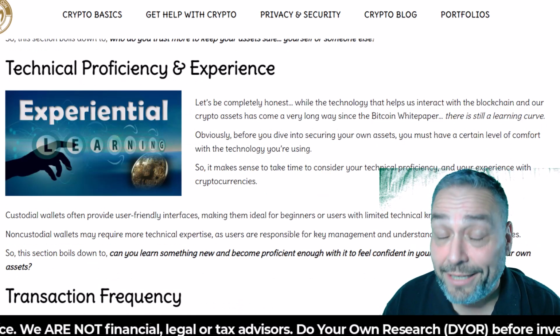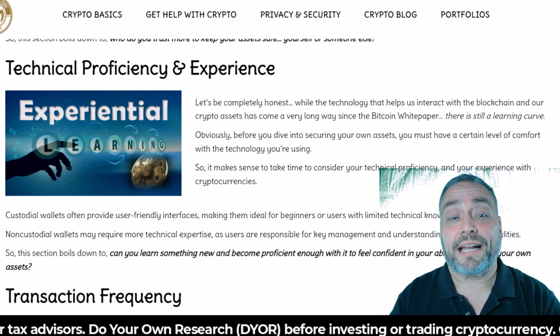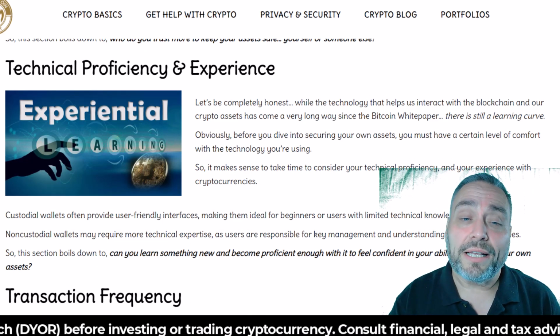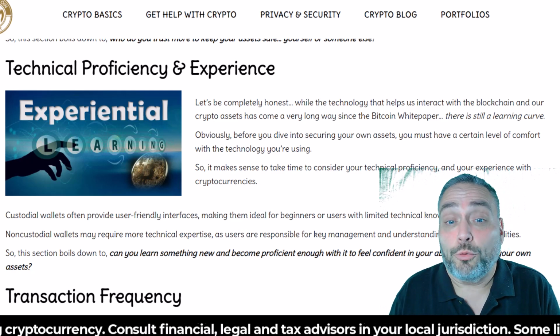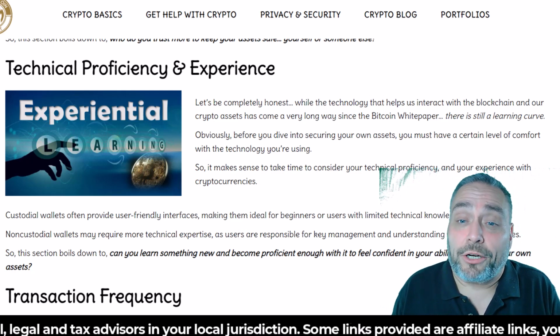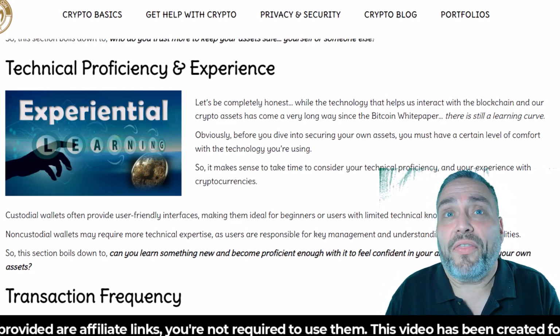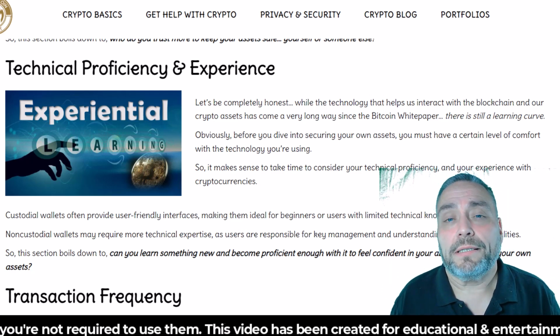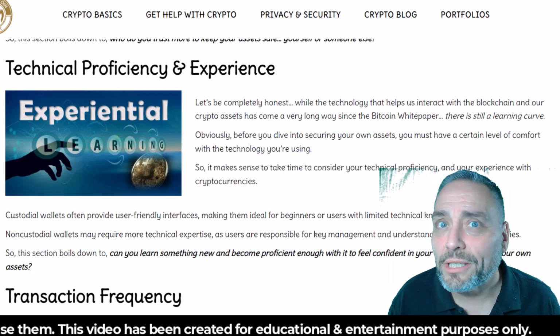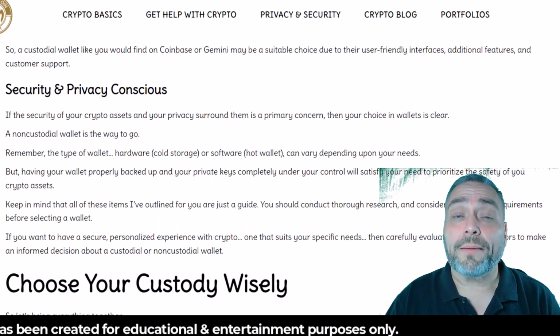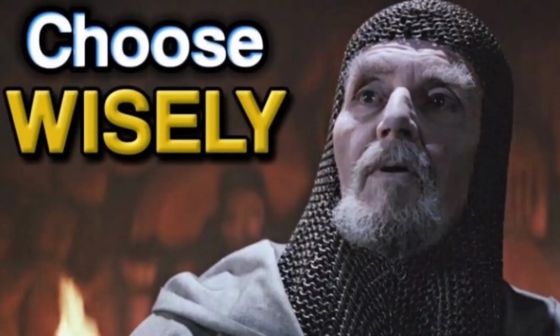Why not take advantage of the resources that are here, learn to do it yourself? Because it comes down to, are you able to better protect your money and move your cryptocurrency assets than someone else? Again, what level of risk are you willing to take? So you've got to make sure at the end of the day that you choose your custody solution wisely.